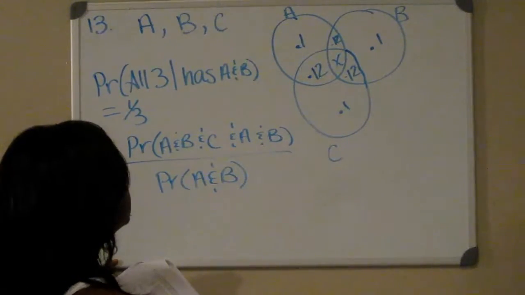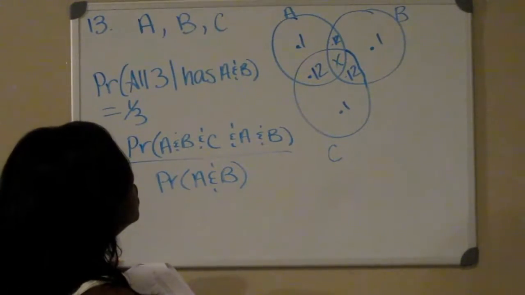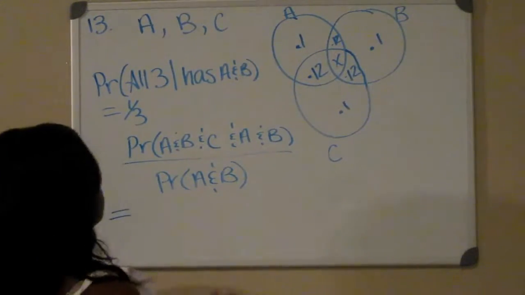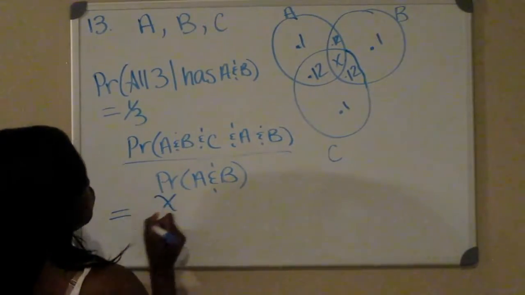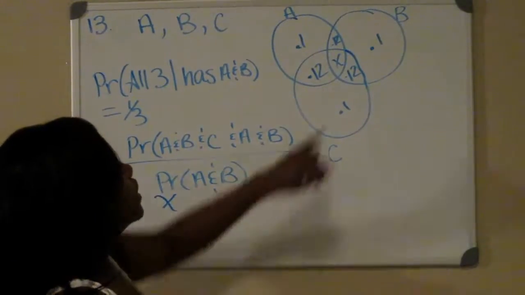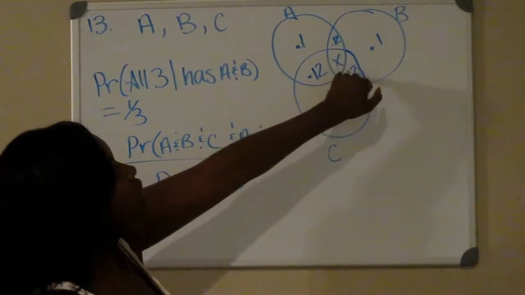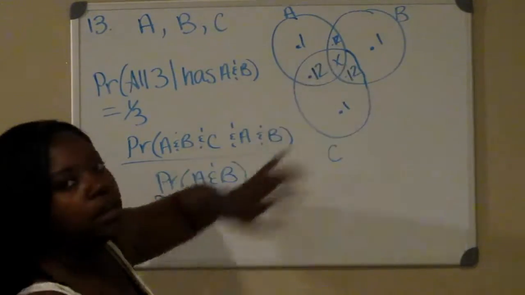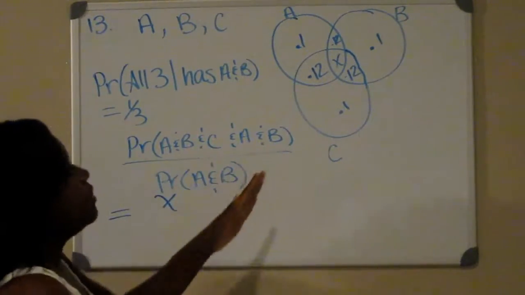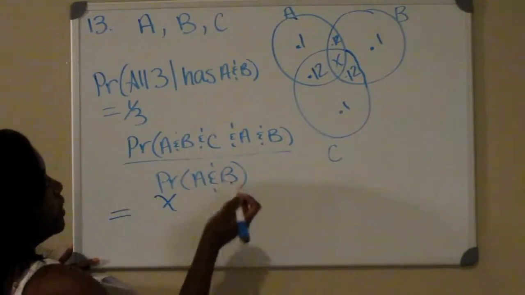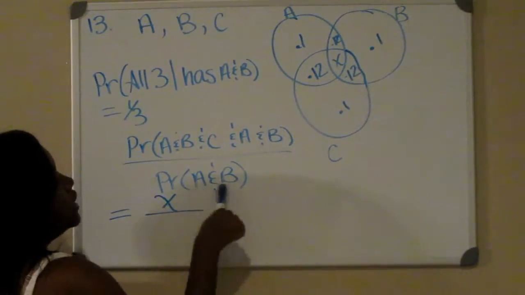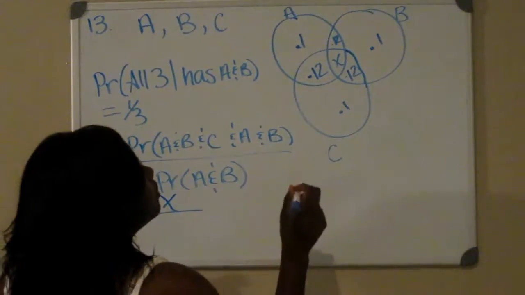That is equal to, looks like X. Okay? Because we need C to be in there. So A and B and C is just right there. A and B and C and A and B, same thing as saying A, B, and C. Okay? So that's X.